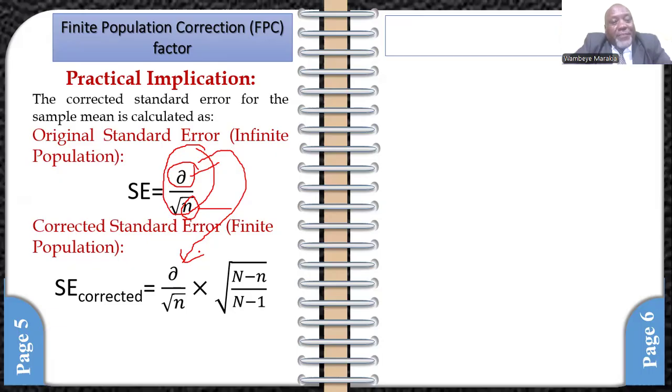And we said that finite population correction is usually calculated by the root of population minus sample, all over population minus 1.